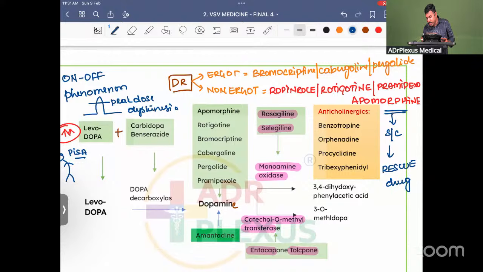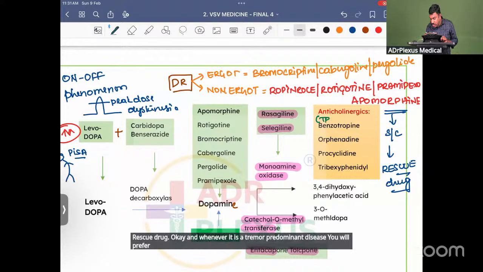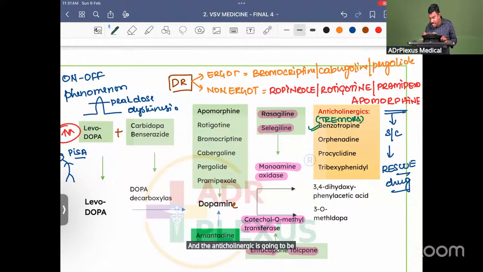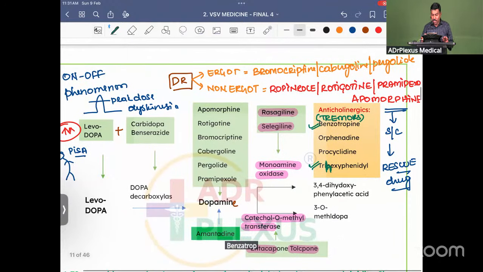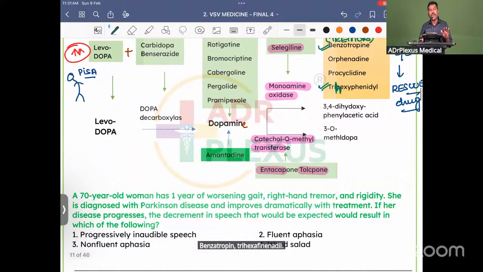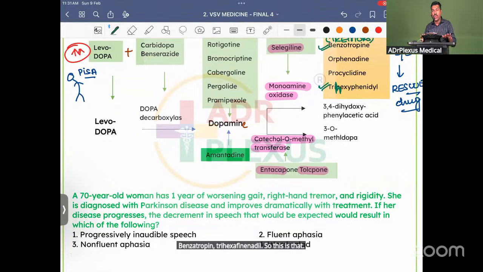Whenever it is a tremor predominant disease, you will prefer anticholinergics, and the anticholinergics are going to be benzatropine and trihexyphenidyl. So these are the drugs used in the treatment of patients with Parkinson's disease.